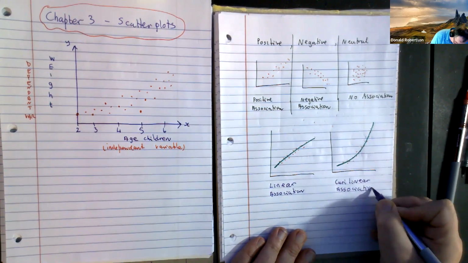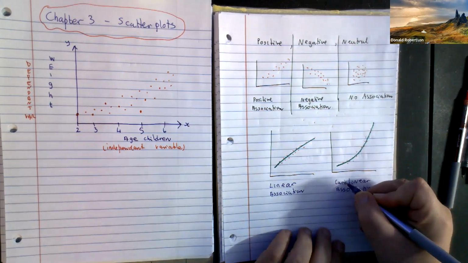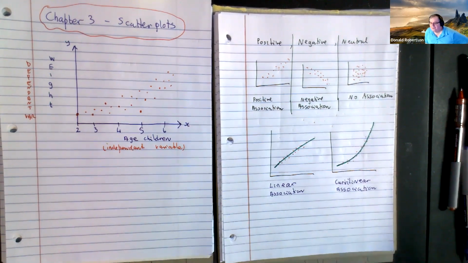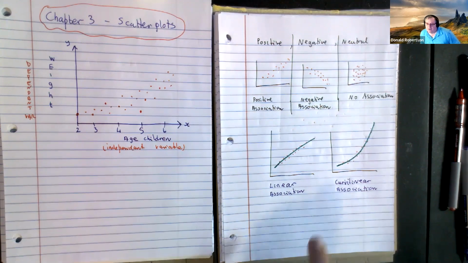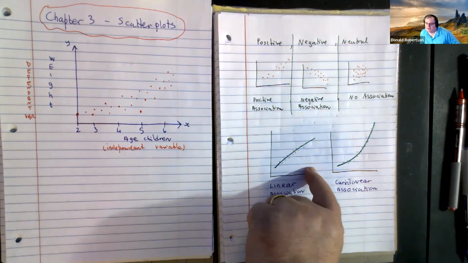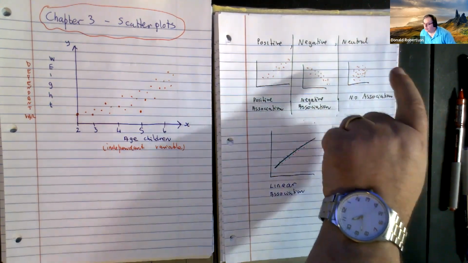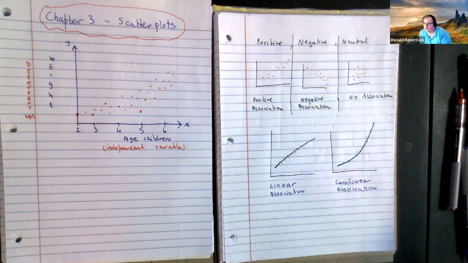I wish they just said curvy association, right? Or something like that. I wish they'd used that term. But curvilinear association. Now, can you imagine that negative associations can also be linear? And can't negative associations be curvilinear? And no associations don't have anything going on, so we don't even talk about them.